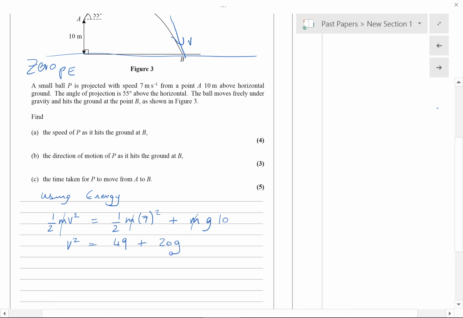Working all that out, 49 plus 20 times 9.8, it's 245. So V is equal to the square root of 245.